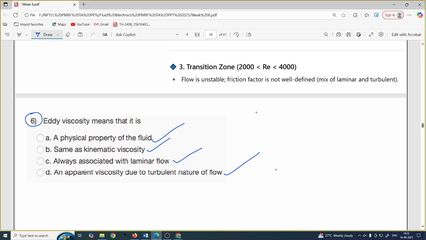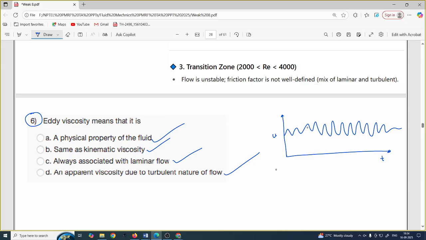This eddy viscosity, whatever I have discussed earlier, the turbulent flow, if this is your time and this is your velocity, we are discussing about streamwise. So turbulent flow will be like that, zigzag flow, not a constant value. Due to this turbulence, due to this motion, a viscosity is generated. Because if there is zigzag motion, then the particles will collide and another friction will develop.